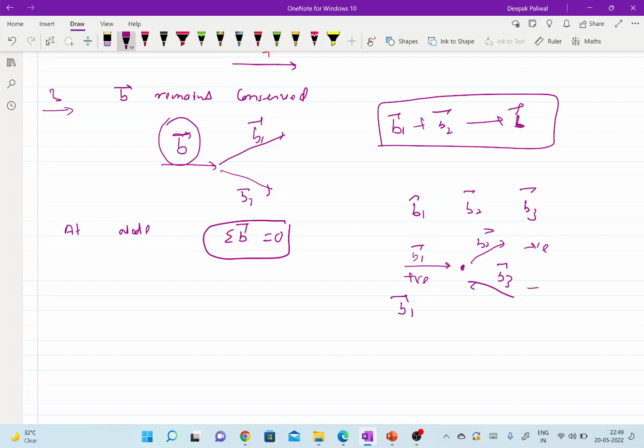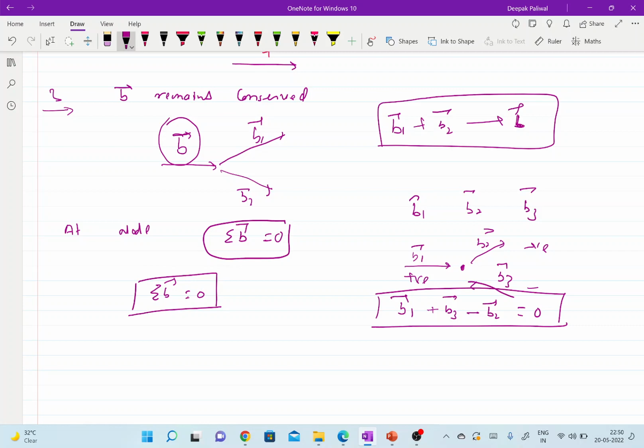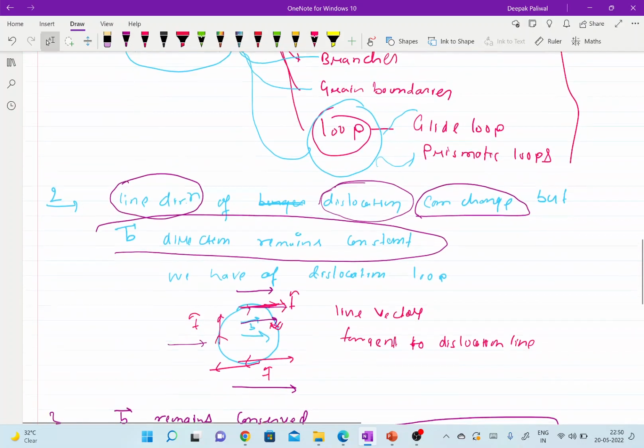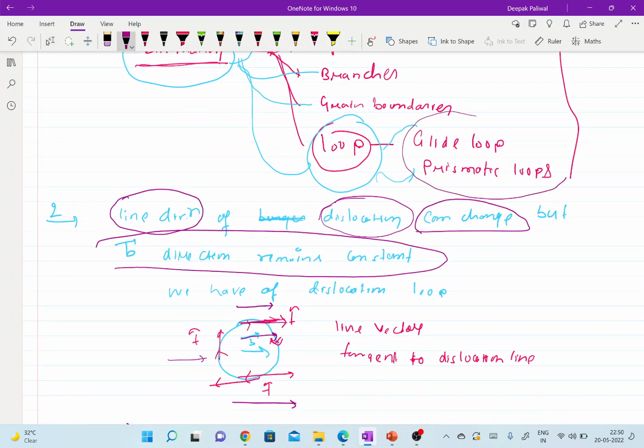So if I sum b1 plus b3 minus b2, it will give 0. This is the important characteristic that the summation of the Burgers vectors at the node point will give 0 value.